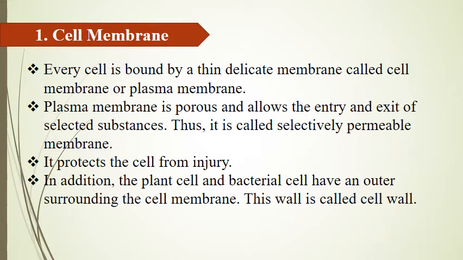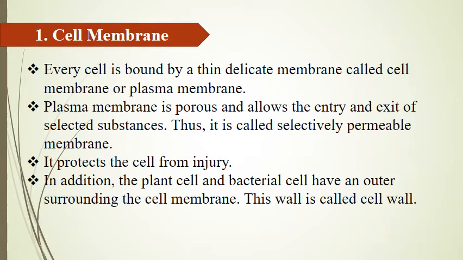First, cell membrane. Every cell is bound by a thin, delicate membrane called cell membrane or plasma membrane. Plasma membrane is porous. Its surface has few pores and these pores allow entry and exit of selected substances.